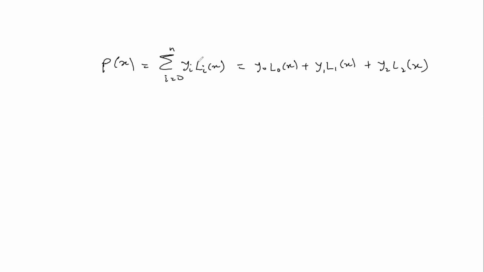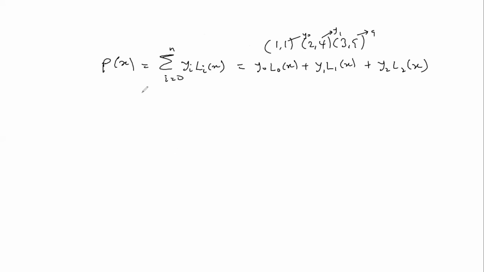And now we already know from our given data, 1, 1, 2, 4, and 3, 9, that y naught is 1, y1 is 4, and y2 is 9, right?